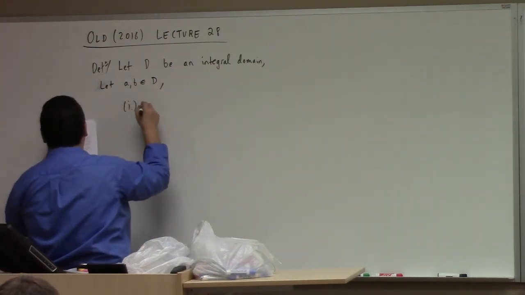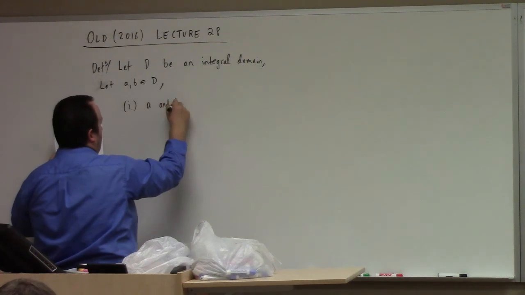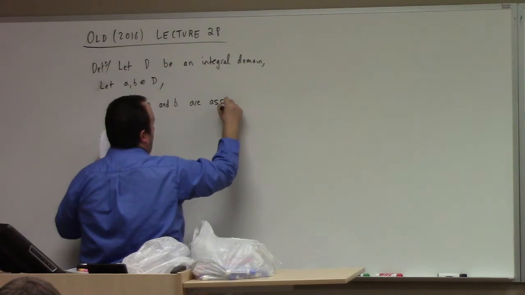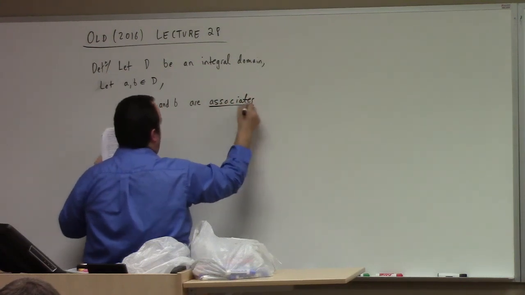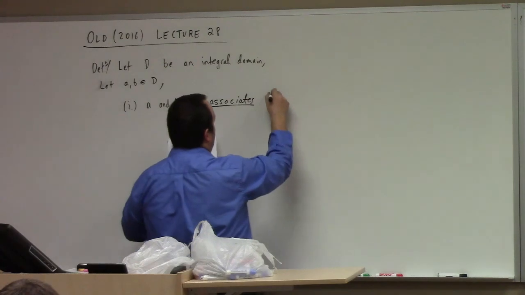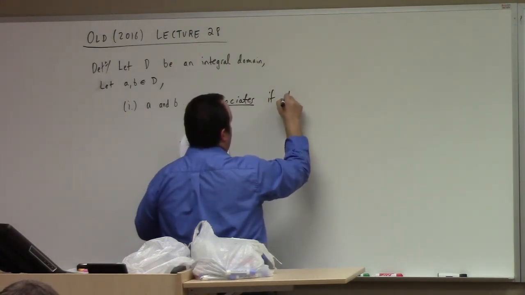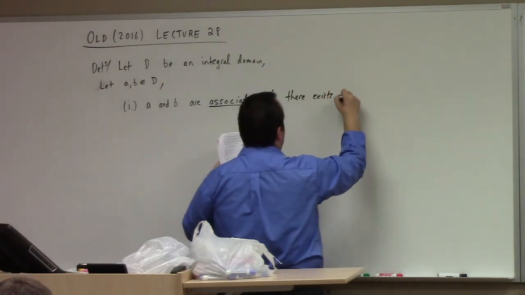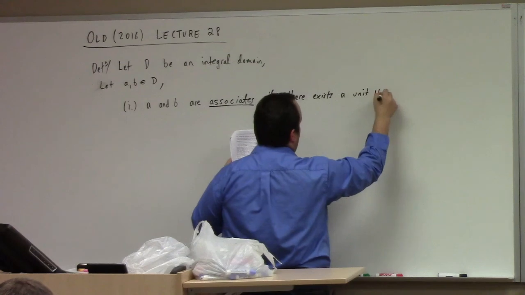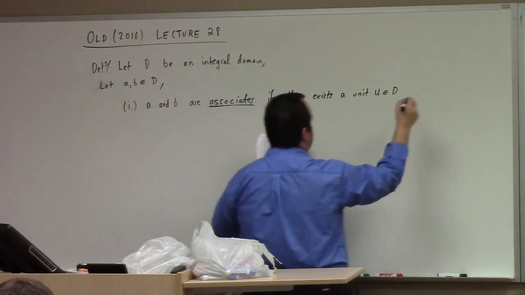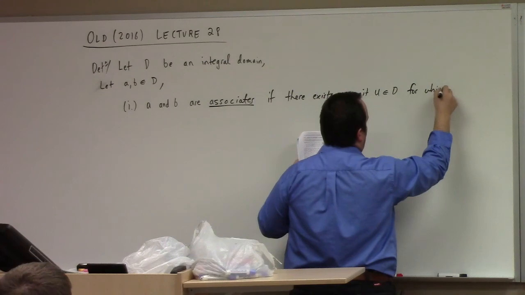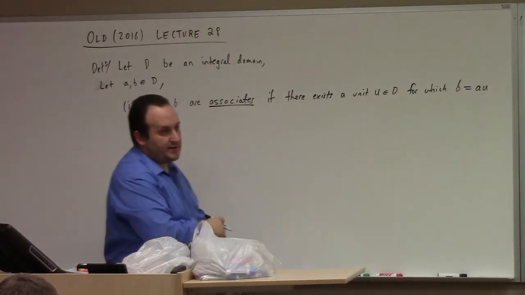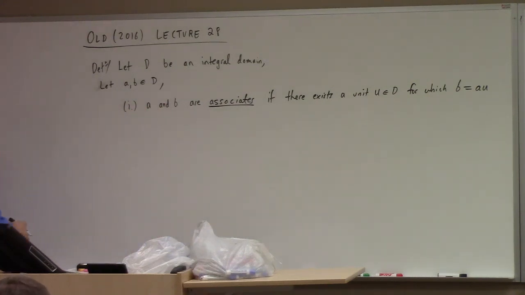Number one, A and B are associates if there exists a unit U such that B is equal to AU. Okay, so associates are related by multiplication by a unit.